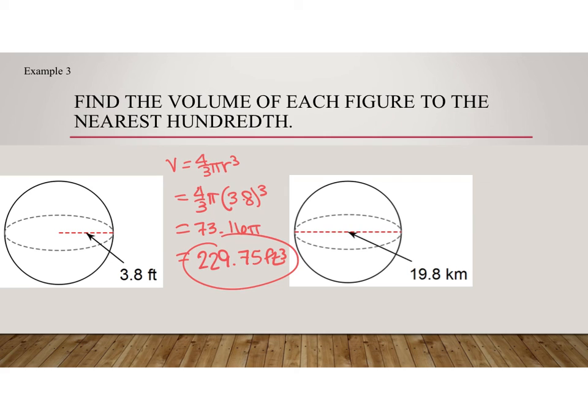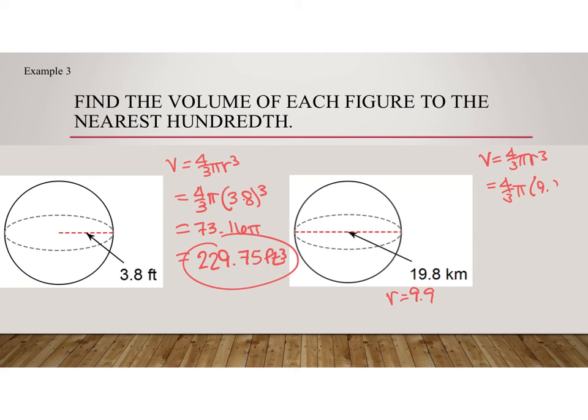And for my last part, I'm going to start with volume is equal to 4/3 pi r cubed, and I'm going to plug in my r value. Well, in this case, 19.8 is my diameter. I need to plug in the radius, and the radius is really 9.9 kilometers.